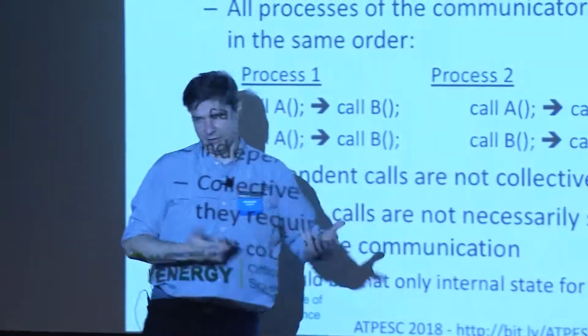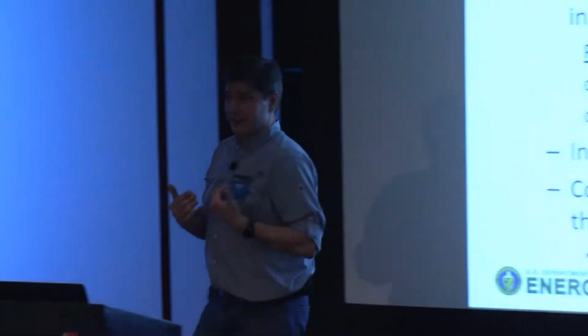I'm a little snarky here when I say independent isn't collective, but really, a collective call is not guaranteed to synchronize your program. There may not even be any communication. It might just set a bit in the communicator that says, yeah, I did that, so that the next time I need it, everybody has the same piece of information.